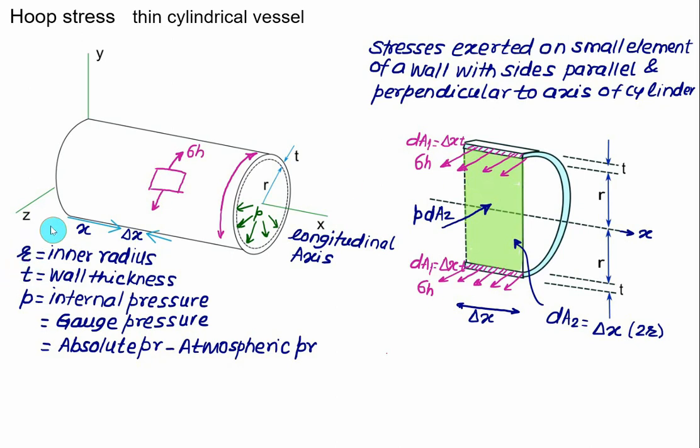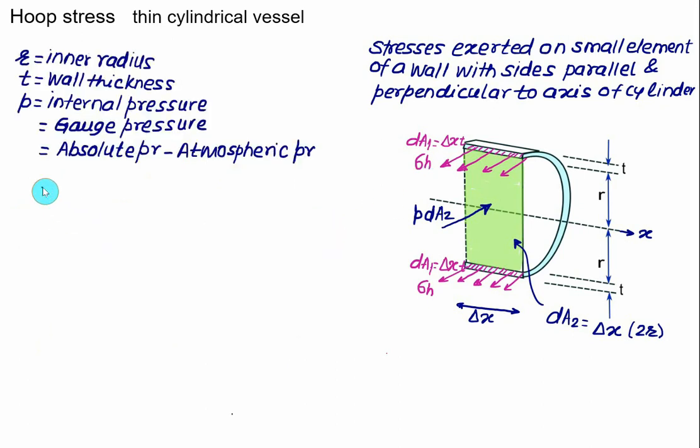So if we do the balance along the z axis, then we can develop the expression for hoop stress. So we'll take the sum of forces along the z direction must equal to 0. Here the hoop stress is acting in the positive direction of z, so we have sigma h multiplied by the corresponding area dA1, that is acting on the bottom side, and one equivalent value will act on the top side, that will be equal to 2 times.